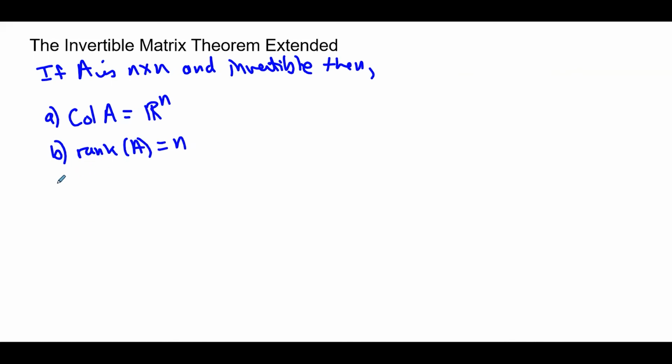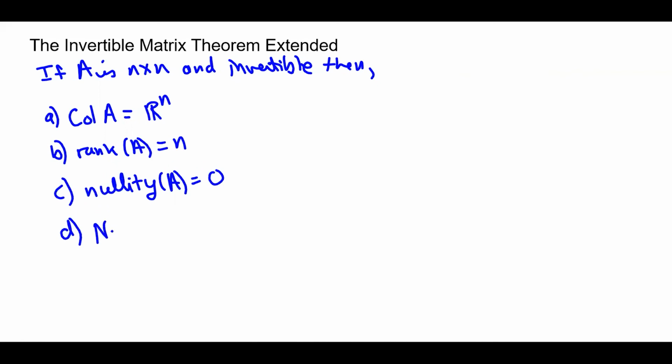So if the rank is equal to n, then the nullity would have to be equal to 0, because when you add the rank and the nullity, you have to get n. So that means there's no free variables, right? If there's no free variables, your nullity is 0. The dimension of the null space is 0.